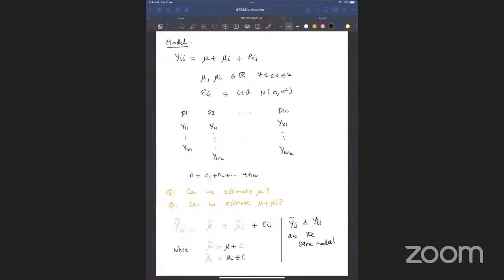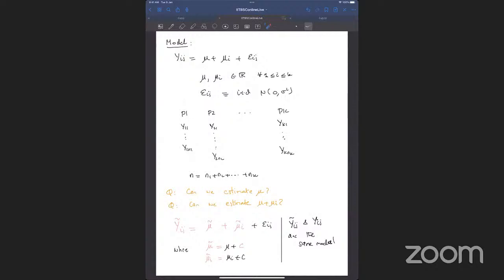The sum of mu tilde and mu tilde_i is the same as mu plus mu_i, so the normal random variable assigned to y tilde_ij is the same as the one assigned to y_ij. So we have two models exactly the same, but the parameters are different. So I cannot have a scheme that estimates mu separately and mu_i separately, because of the way the model is phrased. That's a fault of the model: these parameters are not identifiable.